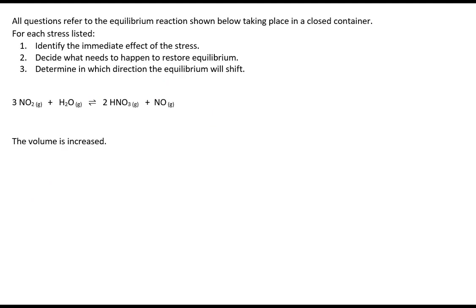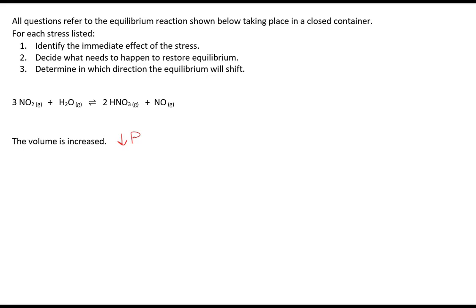Now we're looking at a volume change. We're told that the volume is increased. The first thing we want to do is identify what the effect is on the pressure. If the volume is increased, that means the overall pressure had to decrease.